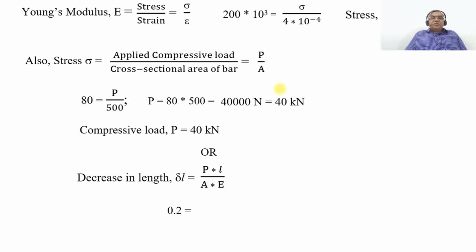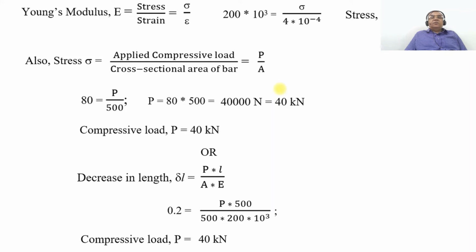So delta L, which is 0.2, is equal to P, which I need to find out, P into 500 divided by area 500 into 200 into 10 to the power of 3. On simplification, you are going to get the compressive load as 40 kilonewton. So this is how you will be able to solve this particular problem.